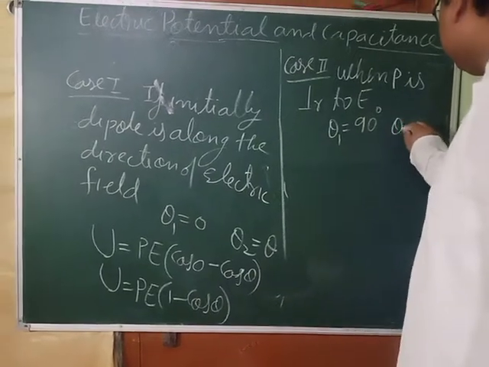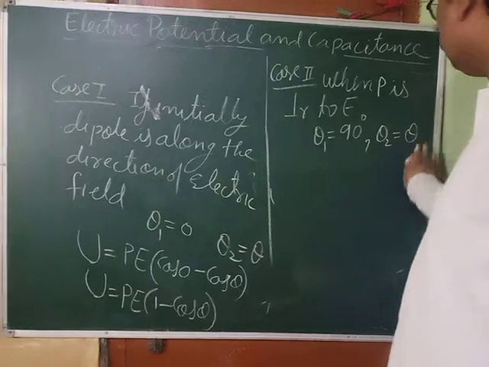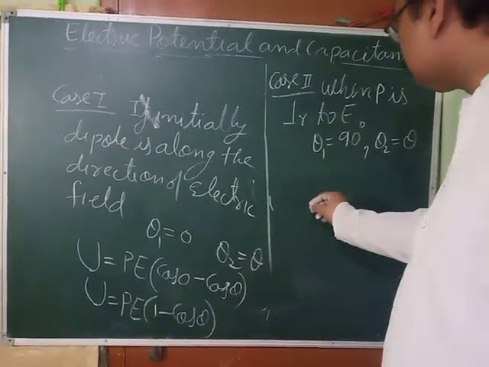Theta 2 we can take as theta. When only one angle is there, why write theta 2? It's better to write theta. Once we have written theta, we can put the values.